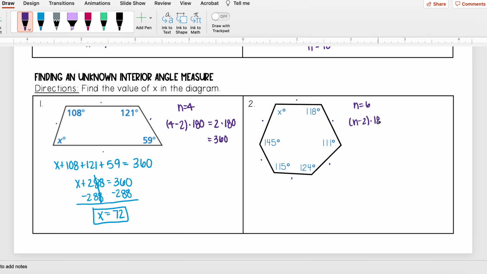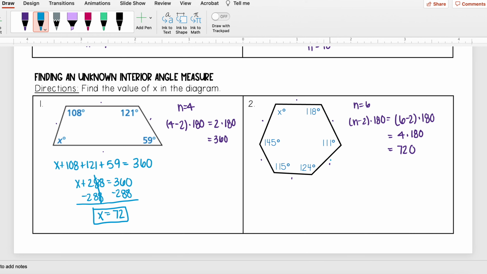And so now I can plug that into my equation. So I have 6 minus 2 times 180. 6 minus 2, I have 4 times 180. And so I get that the sum of these angle measures is 720.